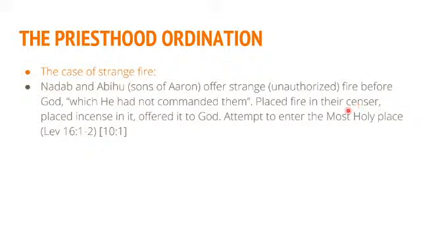But they offered strange fire, meaning in their act of offering this fire to God and putting incense in their censer, they did it contrary to what God had commanded them to do.